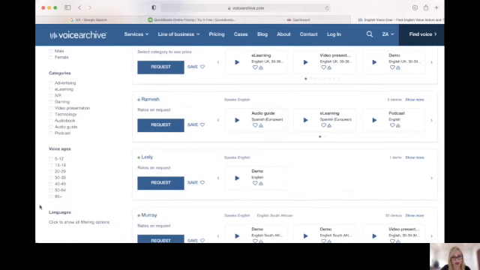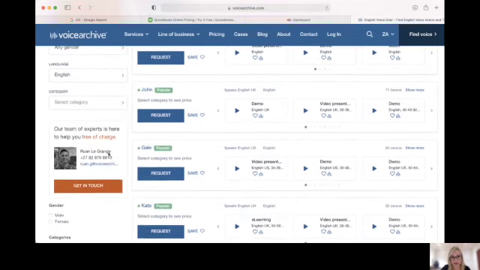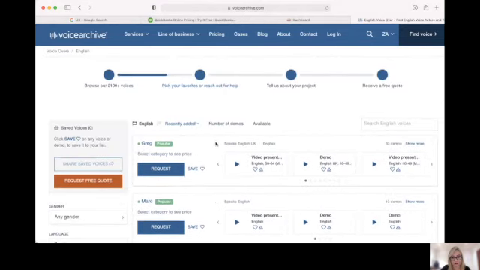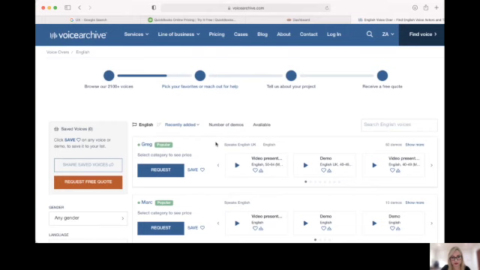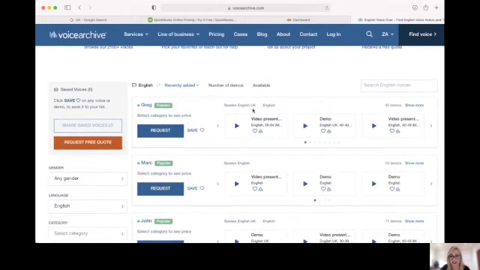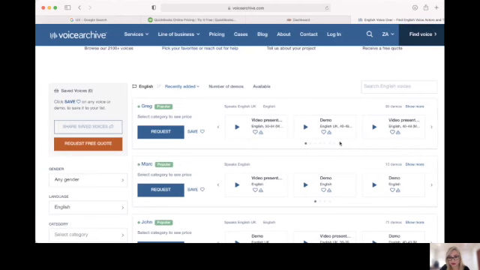And you can choose the language that you want. Okay, so here you can get an idea of what they sound like. Just listen to a demo.